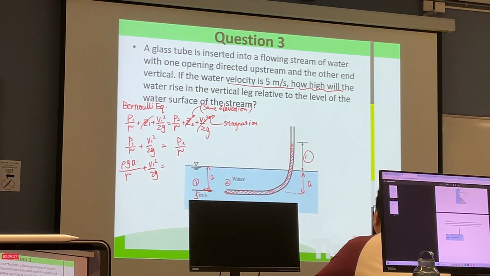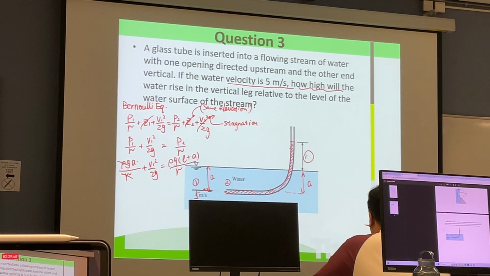P2 is the pressure contributed by the liquid in the tube. It's not just rho g A; it's rho g times the height from this top level, which is L plus A, over gamma.